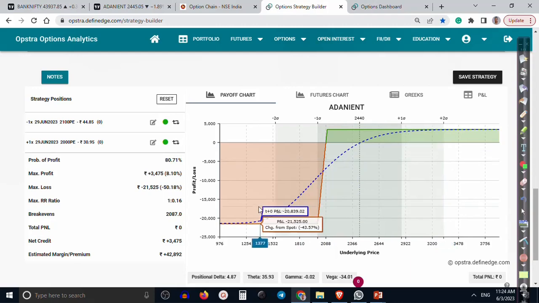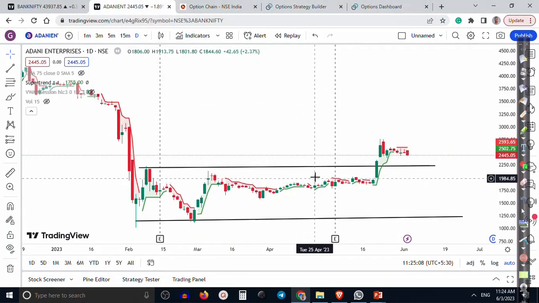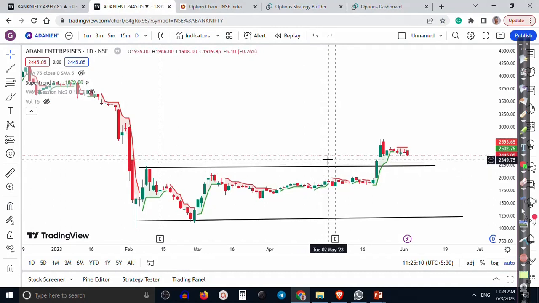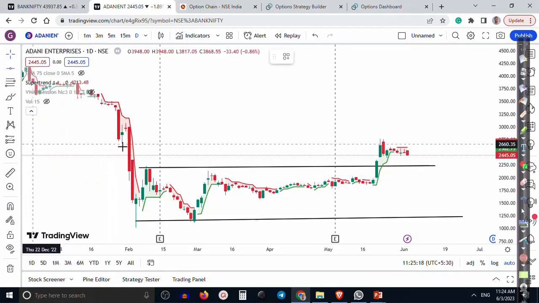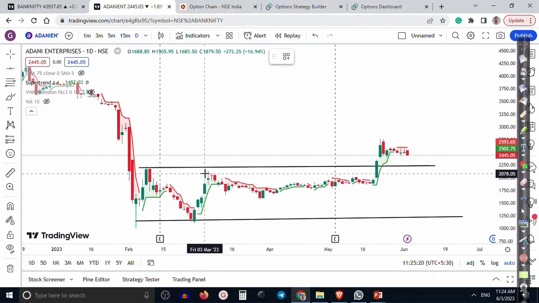Let me go to Adani chart and draw a line at 2087, around 2085, 86.